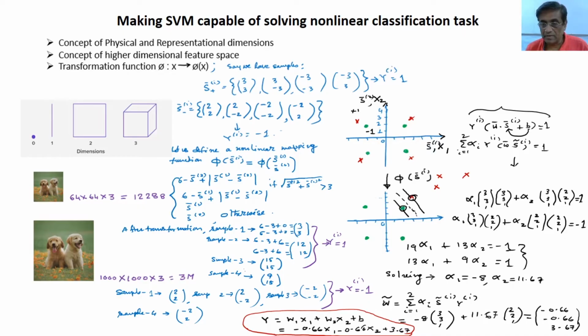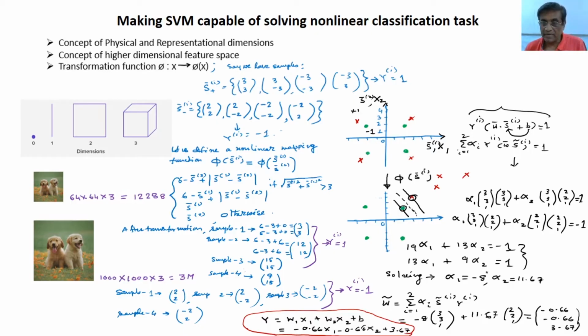After getting that, you can calculate W like this, which turns out to be minus 0.66, minus 0.66, 3.67, and then you can draw the decision boundary W1x1 plus W2x2 plus bias B, because the parameters are now known to you.